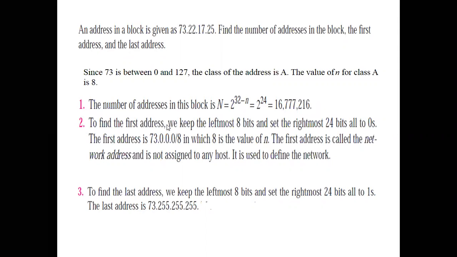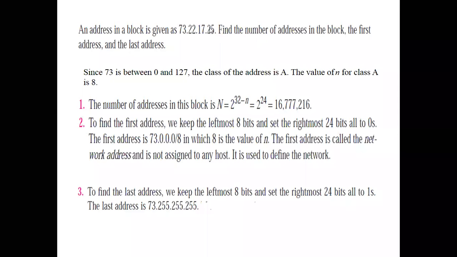To find the first address, we have steps for extracting the information from the given address, and we keep the leftmost 8 bits as it is, since n is 8. So 8 bits will be as it is, and the remaining 32 minus n, that is 24 bits, will be 0.